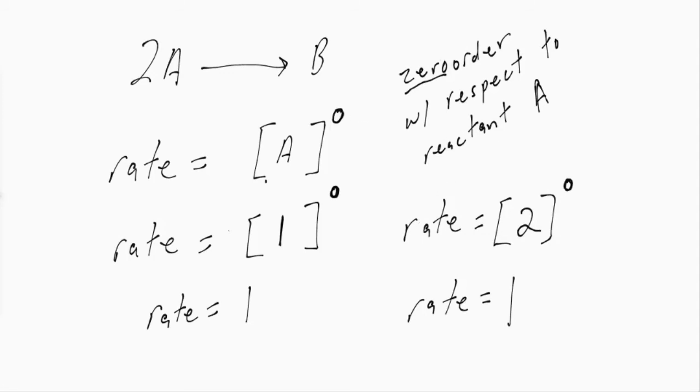I'm going to tell you how you find this order in a little bit, but I'm just trying to show you how the whole rate law is designed to help us understand how, when we change the concentration of a reactant, that is going to affect the rate.